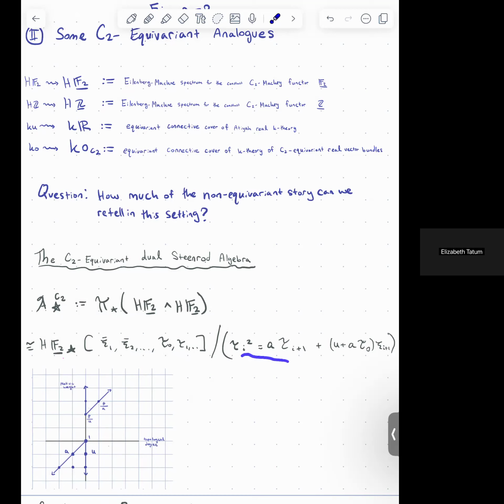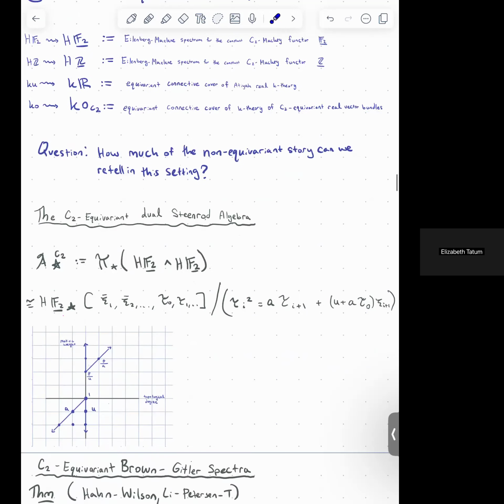Then you have similar relations here, but it's a bit more complicated because you're working over HF2 star rather than F2, and this diagram here is supposed to be HF2 star.